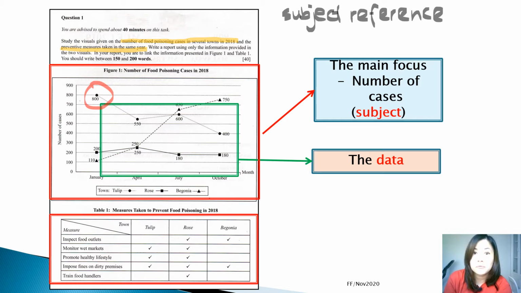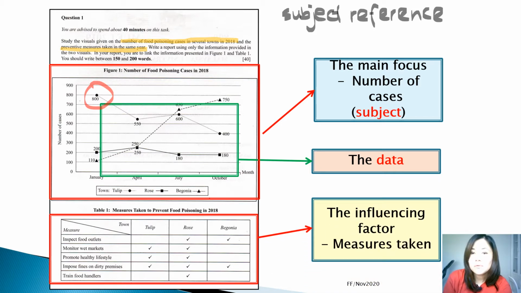So that would be your focus. Whereas for the table, the influencing factors are the measures taken. So this is the subject reference.